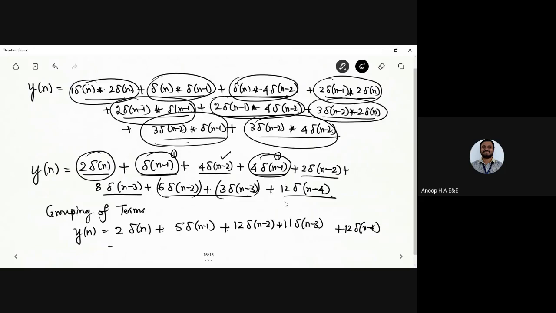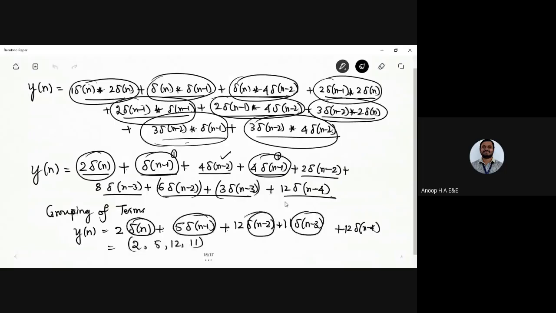This is quite simple. 12 comma 11. How did I write it? So delta of n, that is only with respect to n is equal to 0. This is at n is equal to 1. This is at n is equal to 2. This is at n is equal to 3. So how do I represent it in terms of the graph? I have y of n, which would be equal to 2 comma 5 comma 12 comma 11 comma 12.